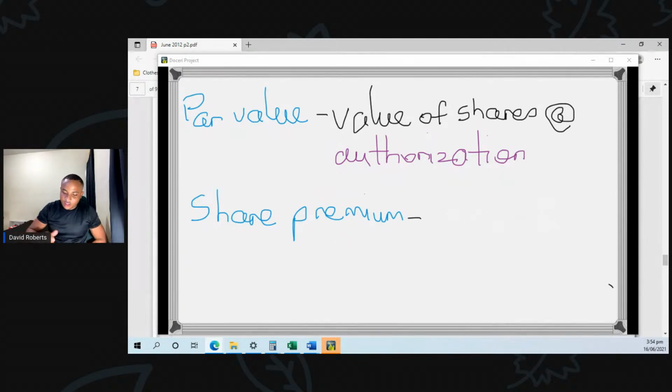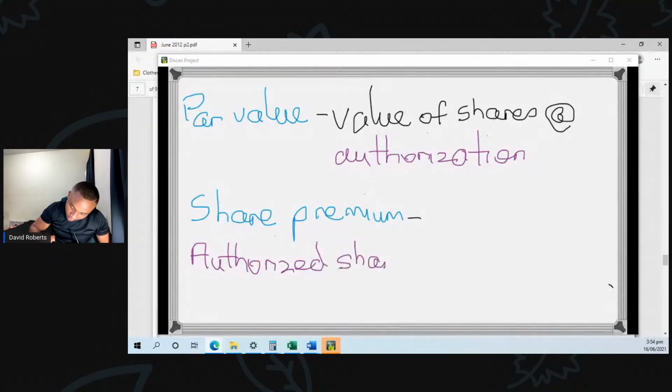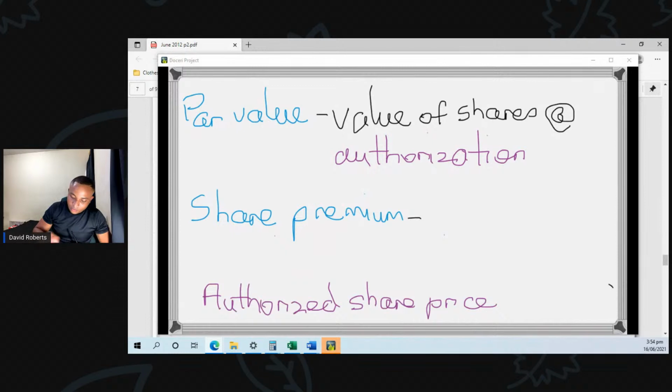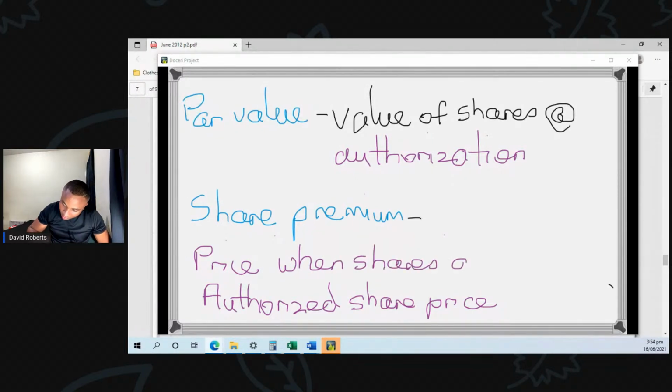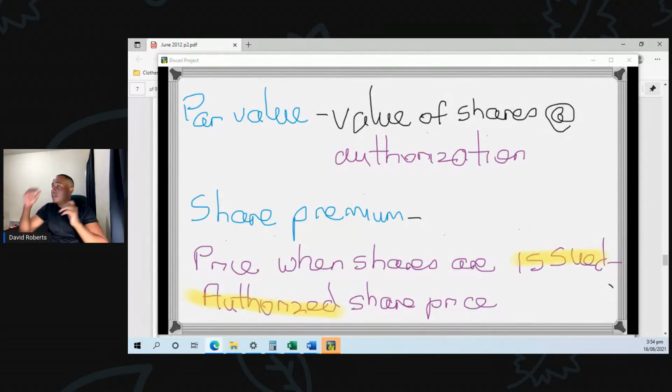I'll do it like a straight equation: premium equals the price when shares were issued minus the authorized price. That's what we're looking for.